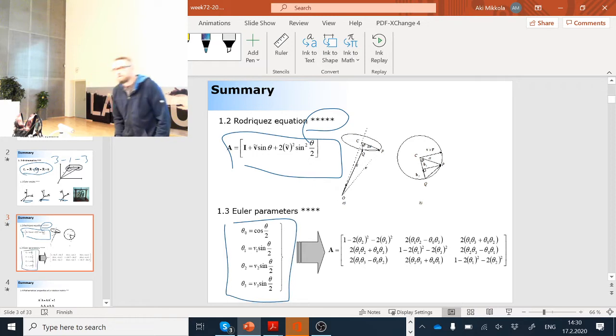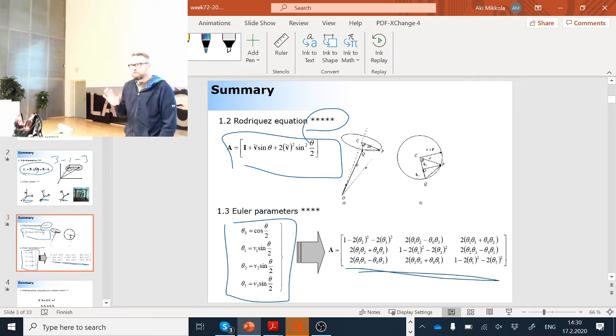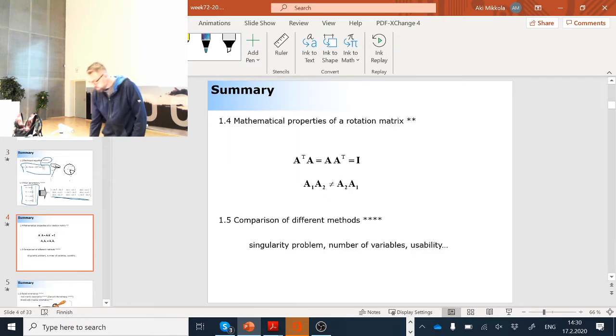Using these name tags, you can express the rotation matrix as it is shown here. Still, these 4 parameters are not free to move as they want, but they're coupled because of the unit length vector.